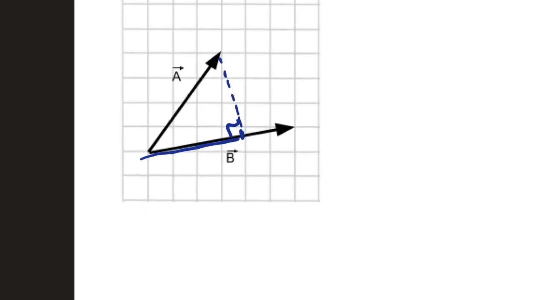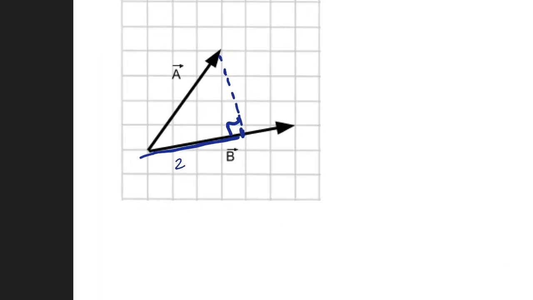So this is 22 over root 37, and we would call this the projection of A on B. Okay, so that's the length of the projection. Now the question for today is, how do we express this projection as a vector? So remember, when we express a vector, we usually want the x component and the y component, right?